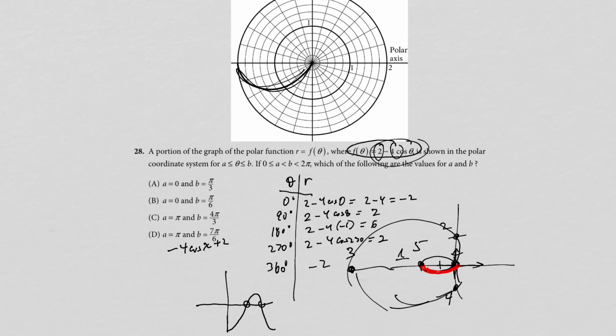Well, notice how 1 was here and 2 was there. So I think what happened is that it went like that. So from 0 to 90, really from 0 to 45 was this little piece.